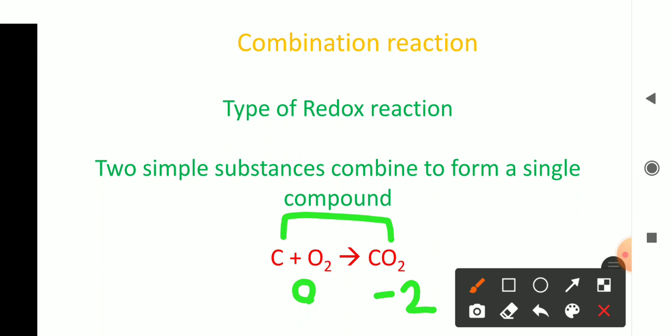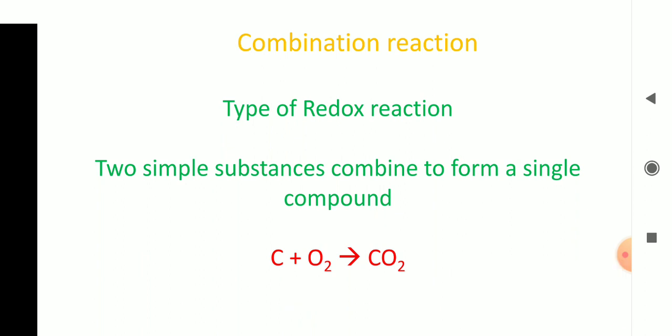Since this reaction contains both an oxidized and a reduced part, it can be considered a type of redox reaction. Okay, so type number 1 is over. Combination reaction, it's a very simple one.